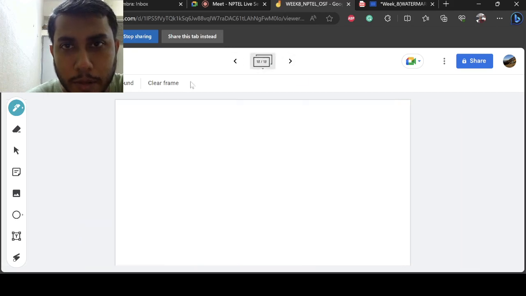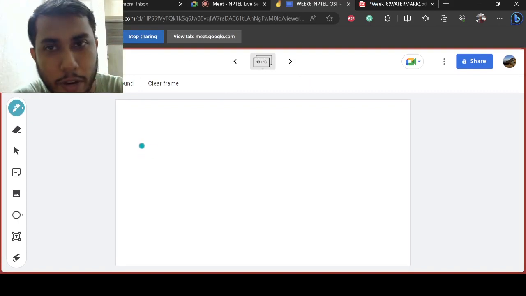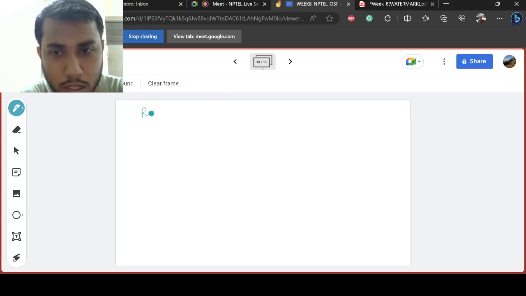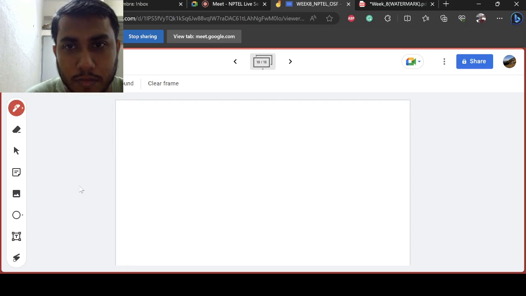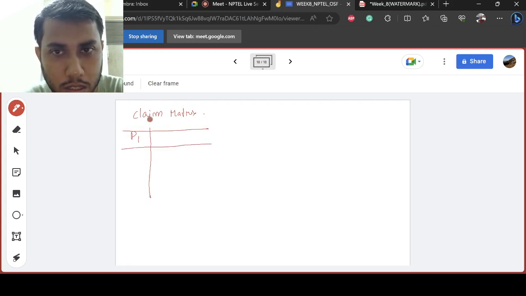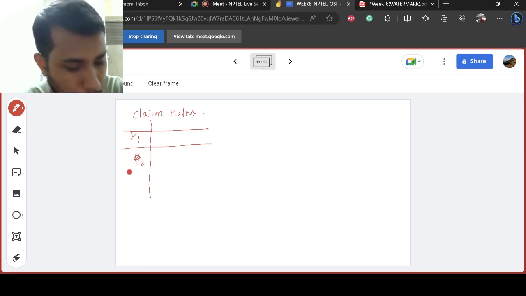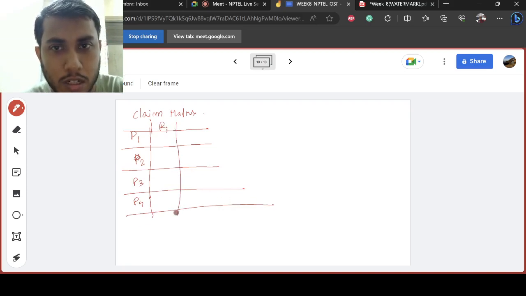Okay, so let's come to this example. Let's say you have a claim matrix, with processes P1, P2, P3, and P4, and resources R1, R2, and R3.